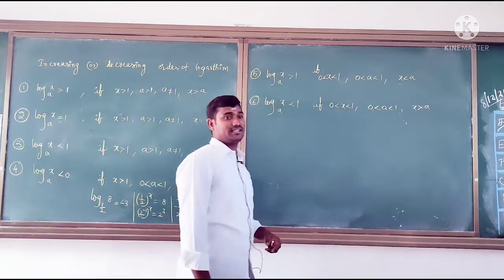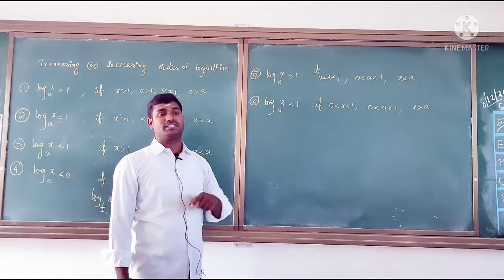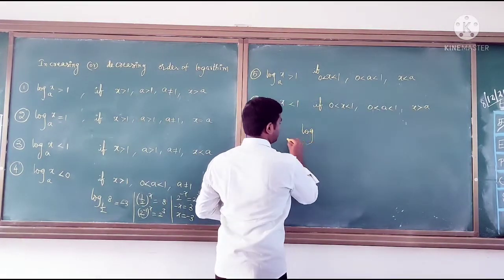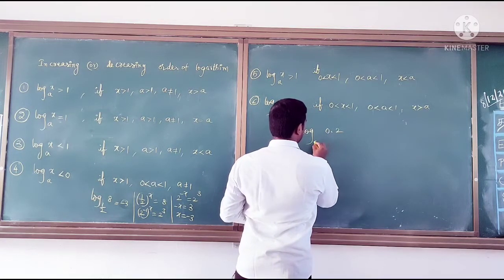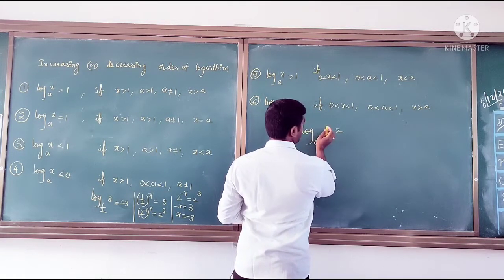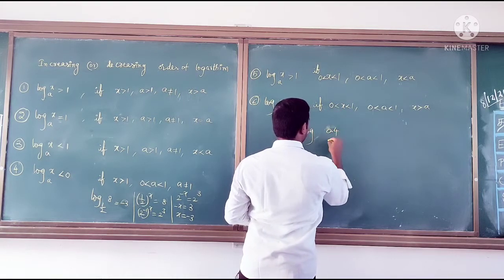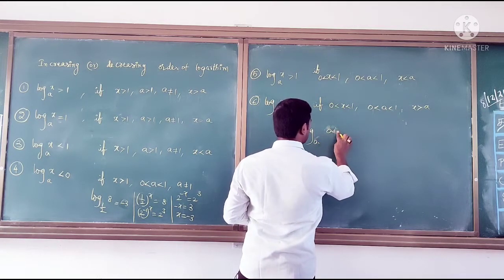If x is greater than a, then the logarithmic value becomes less than 1. See, for example, log 0.4 to the base 0.3, no issue.